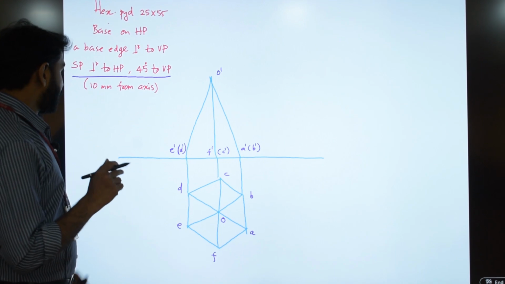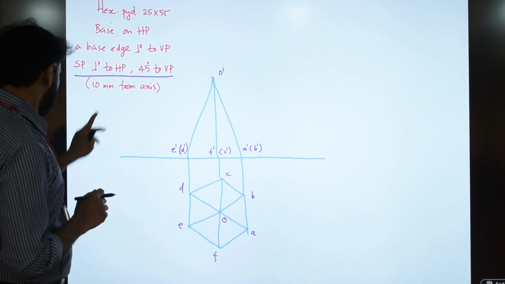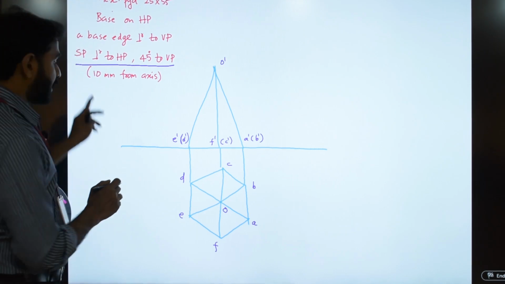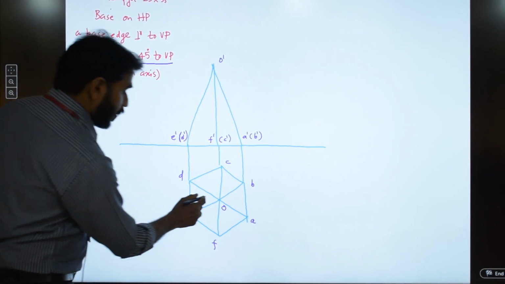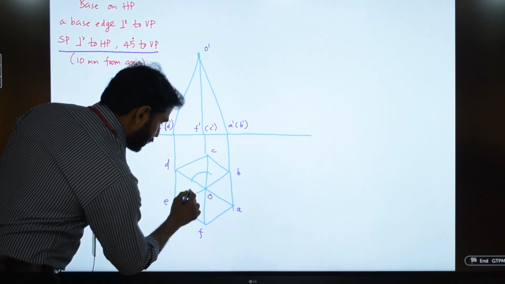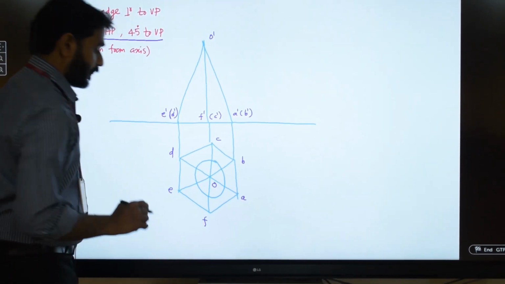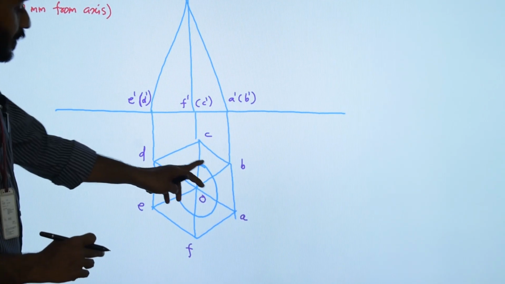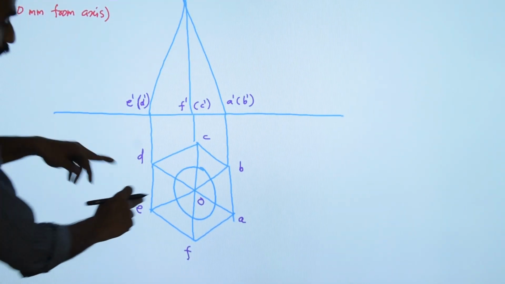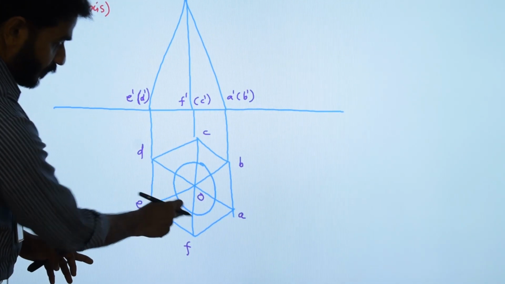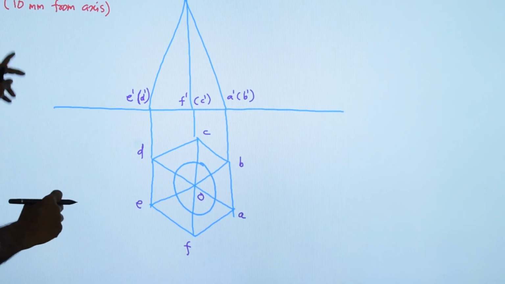Now in order to exactly locate this position, first you have to draw a 10 mm radius circle with O as center. So with O as center, I draw a 10 mm radius circle. It should be a light line because this is a construction line. Now all the points on the periphery of the circle will be exactly 10 mm away from the top view of the axis.